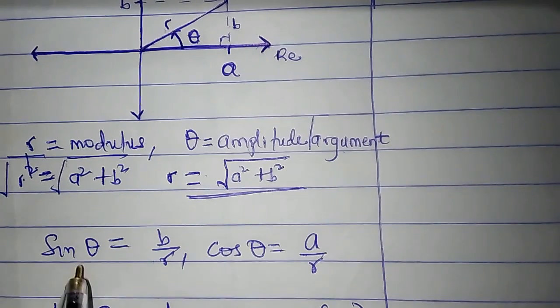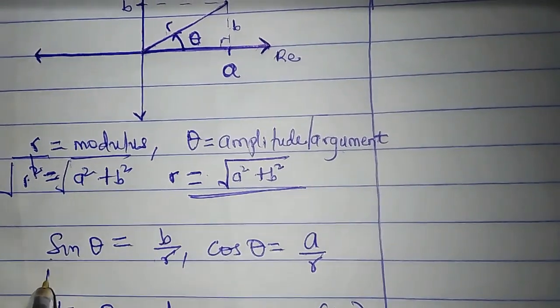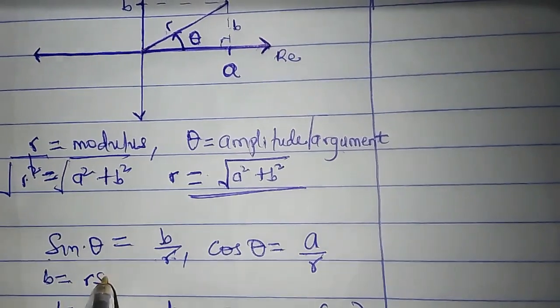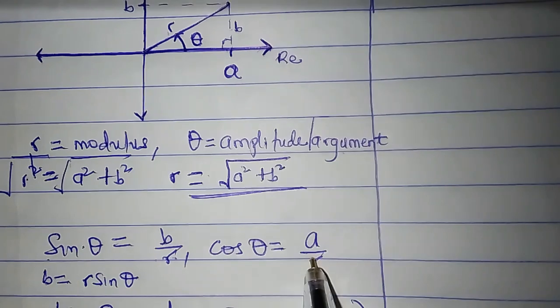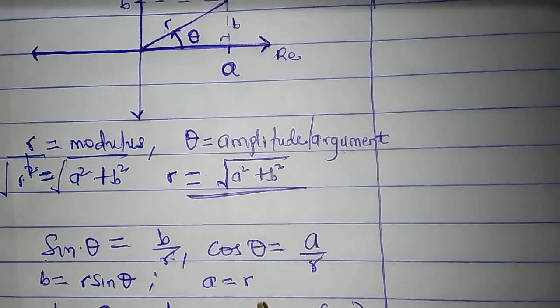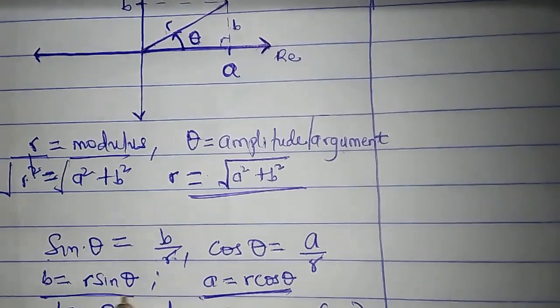Now, from here, if I make B the subject of the formula, B is equal to r sine theta. And from here, if I make A the subject, A is equal to what? r cosine theta. Okay, take note of this.